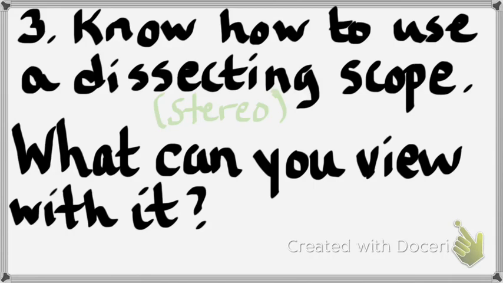Anything you want to. If you want to see the surface details, you can use it to look at anything. We used it to look at feathers, plants, insects, worms. You can look at anything you want to. You're only going to see surface details with the stereoscope. That's all you're going to see is surface details. So again, stereoscopes are like fancy magnifying glasses.